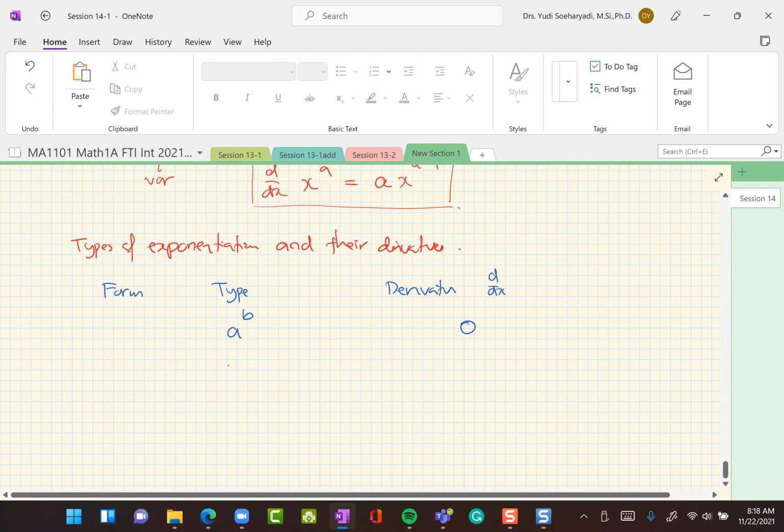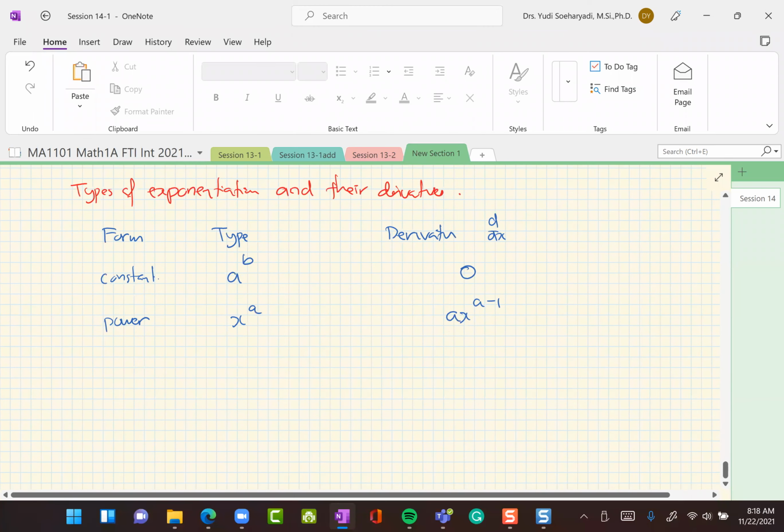Okay, so the next one is power. So the derivative is like a polynomial. Okay, so power type, the derivative is just a x to the a minus 1.